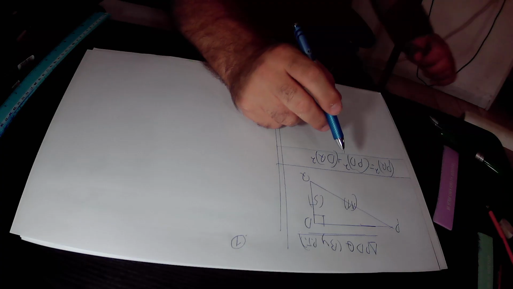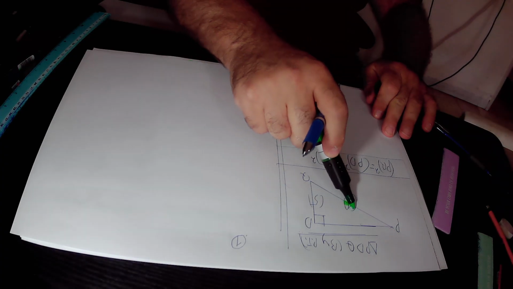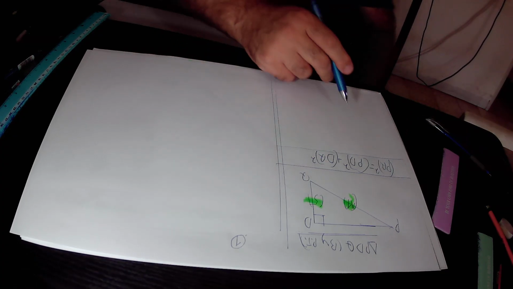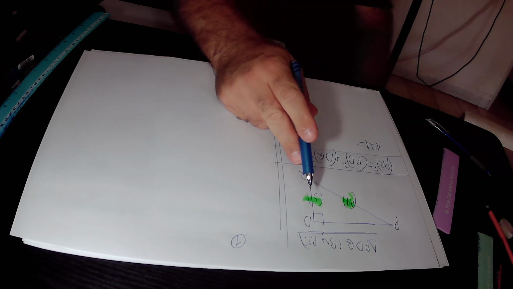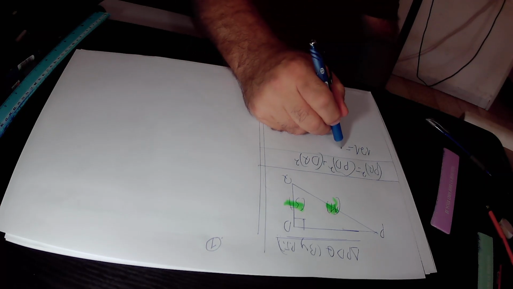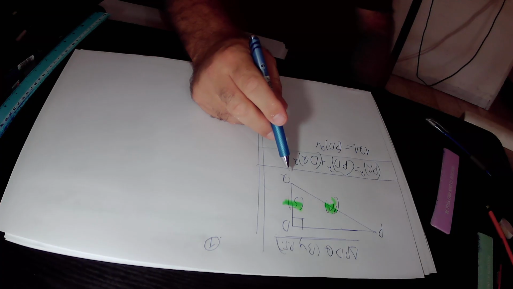PQ is 11, therefore PQ squared is 11 squared, that is 121, and it equals PD squared plus DQ squared. PD is the missing side, so we keep it as PD squared.